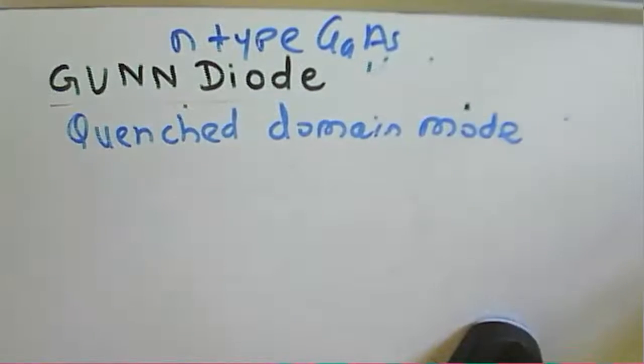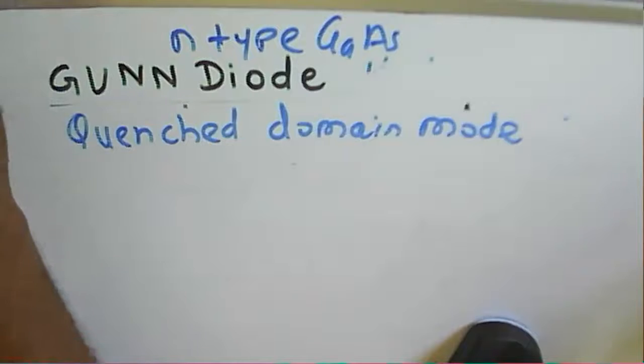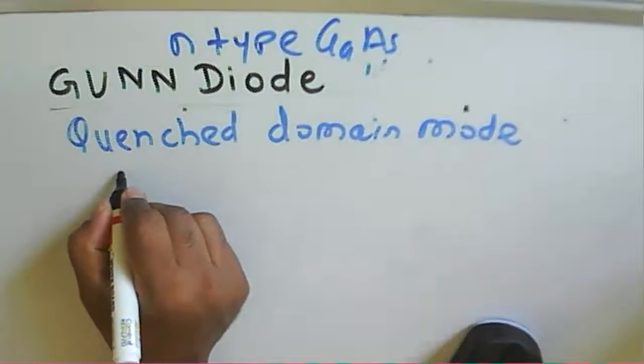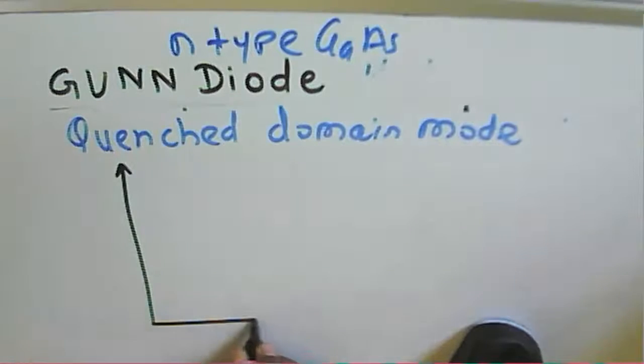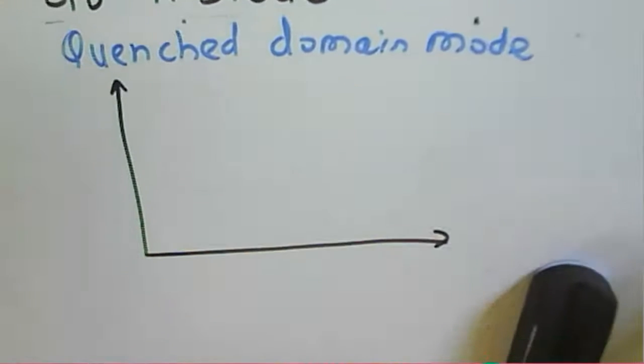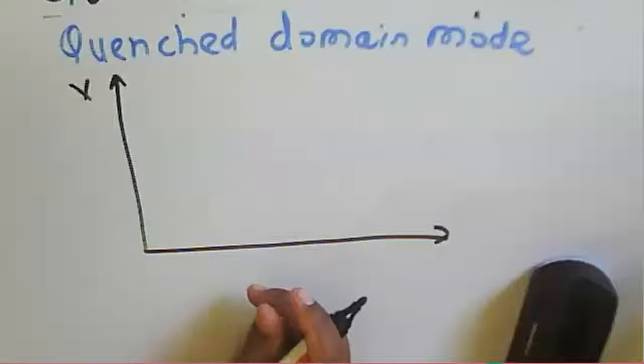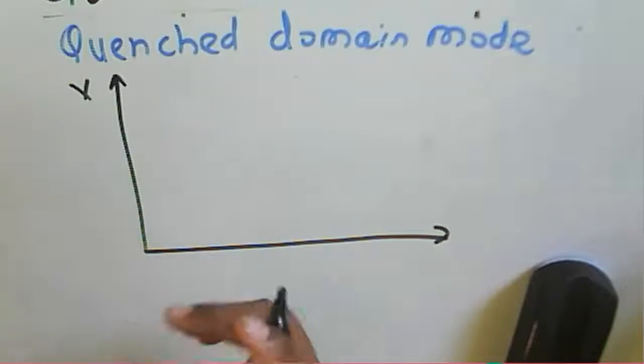Now, in this quenched domain mode, we will see what the values are with respect to that F0 into L here. First of all, we are supposed to draw how this domain grows and how this domain collapses.